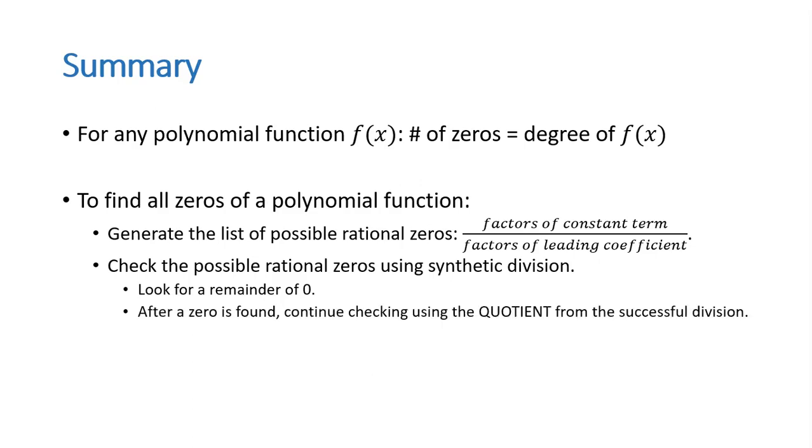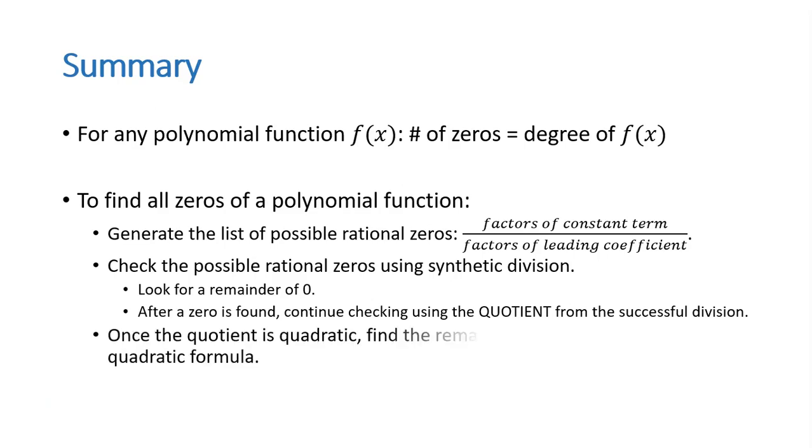After a 0 is found, we continue checking now using the quotient from that successful division. So we may need to check the same number again. It's possible it could divide in more than once, but regardless, we keep using synthetic division until the quotient is quadratic. Once the quotient is quadratic, then we want to find any remaining zeros by factoring, if factoring is a possibility, or if it's not, we're going to use the quadratic formula.